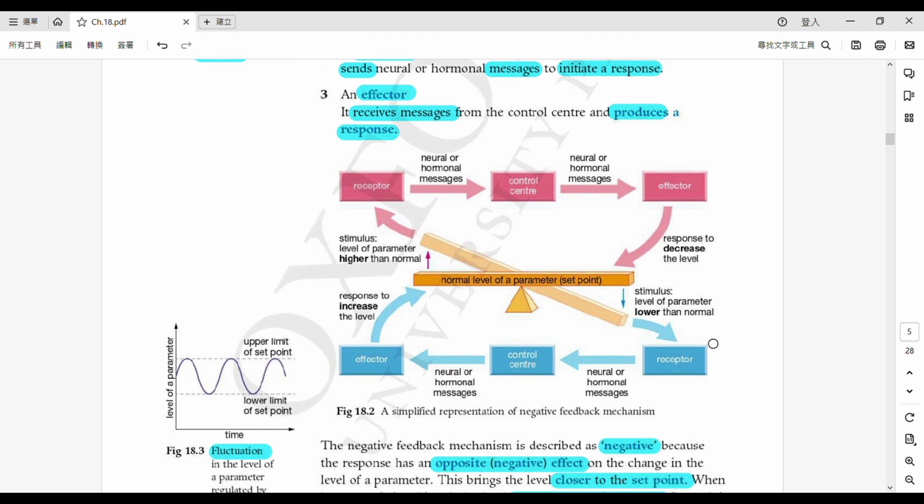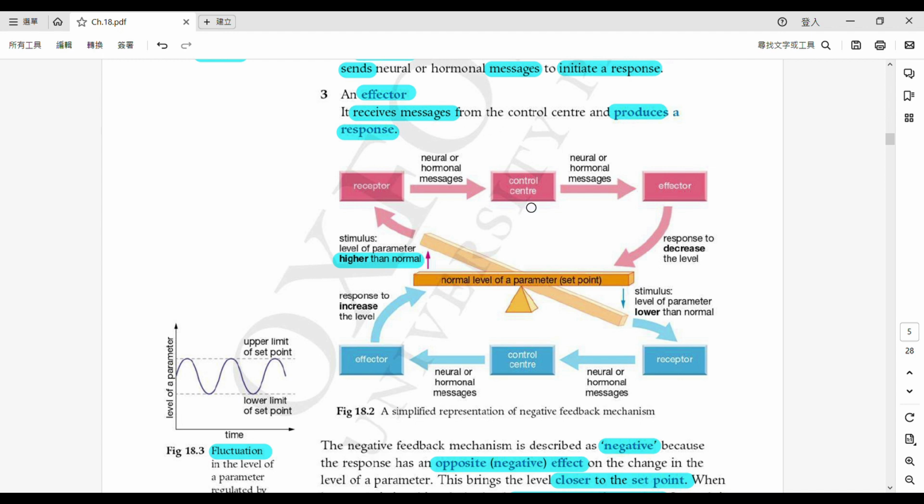Okay, so this ladder, let's see if you really need to understand this. If you understand the upper parts, then you can skip this. Okay, but this ladder is like, I'll just go through very quickly. 第一樣嘢啦, so there is a stimulus. For example, it becomes the lighter color, 淺色少少嘅部分啦. So it gets higher than normal. 當佢高過正常嗰陣時, receptor detect it, send it to control center.